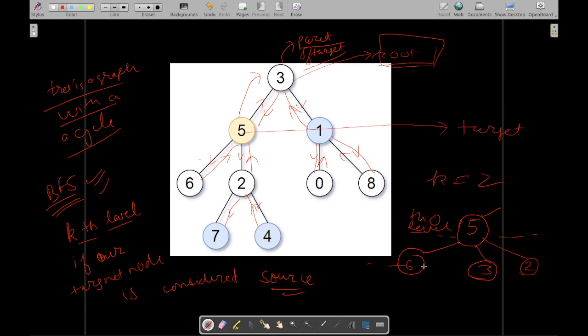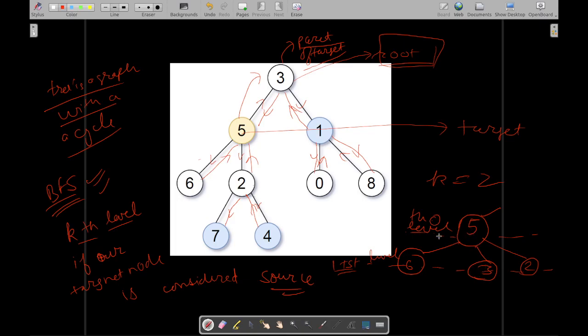These are at the first level. The neighbors of 6 are none, and the neighbor of 3 is only 5, which we have already visited.